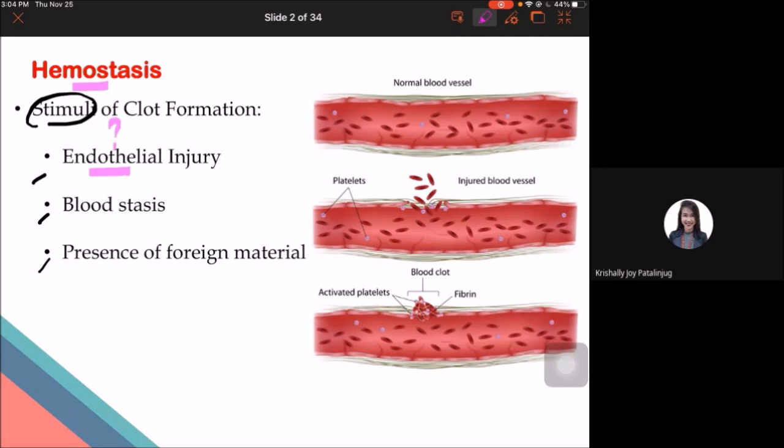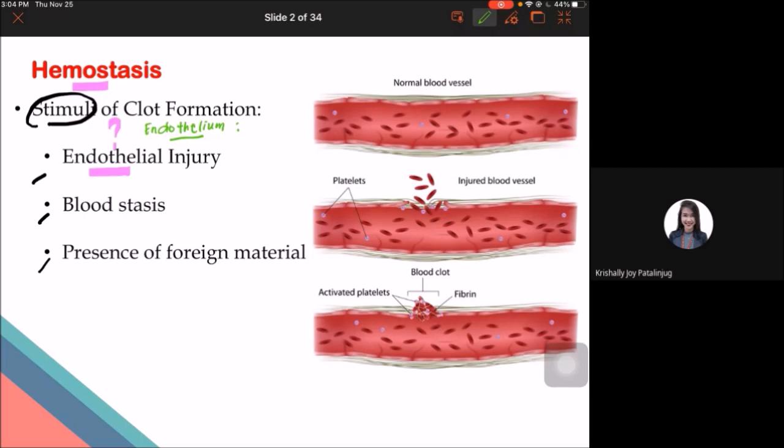Para mas masabtan, discuss ko briefly ano yung endothelium para inyong ma-appreciate what is endothelial injury. Class, ang endothelium, that is a layer of blood vessel. Isa siyang layer ng ugat.